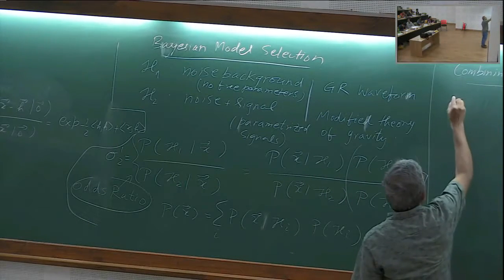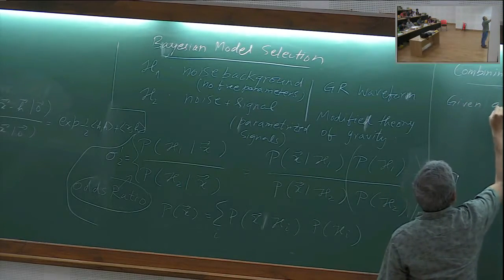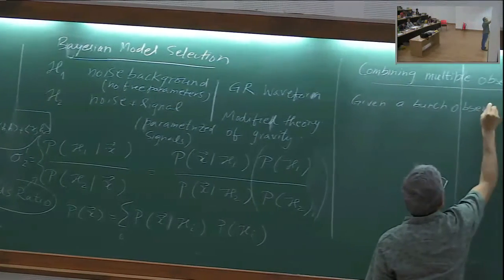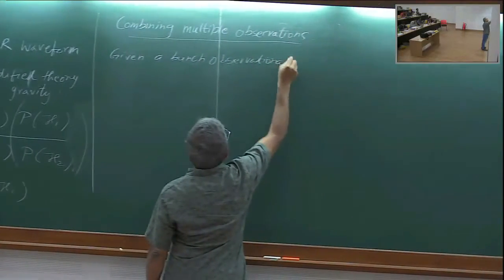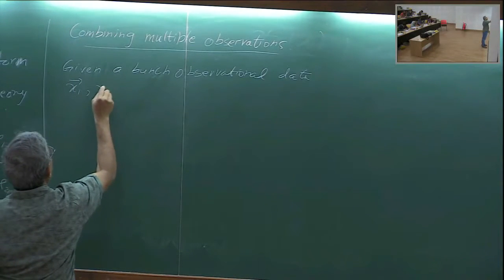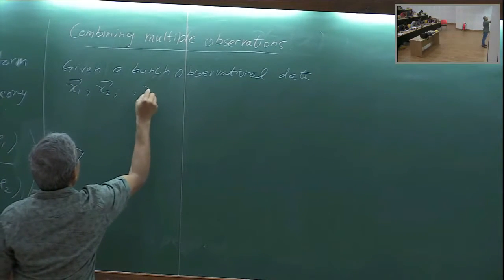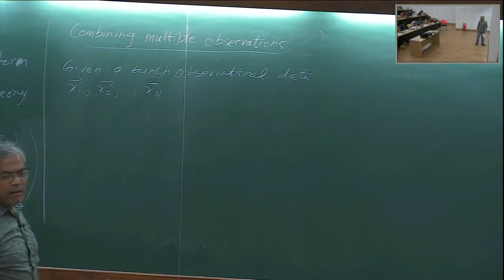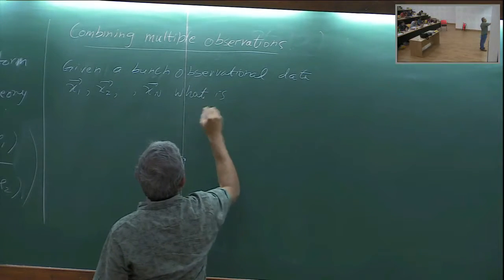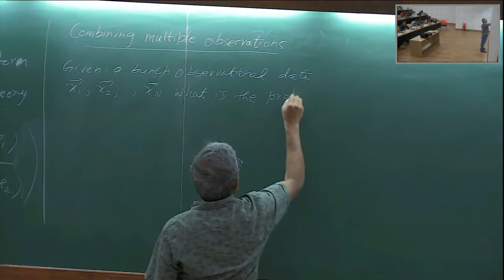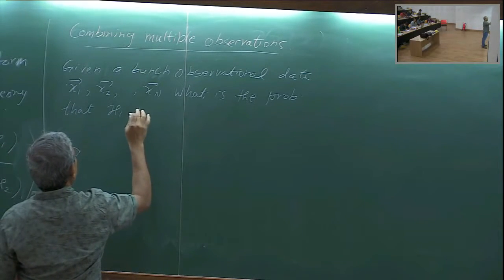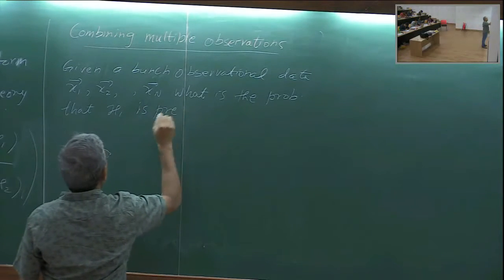So, given a bunch of observations, observational data, let's call it x1, x2, xn, what is the probability that model H1 is preferred over model H2?